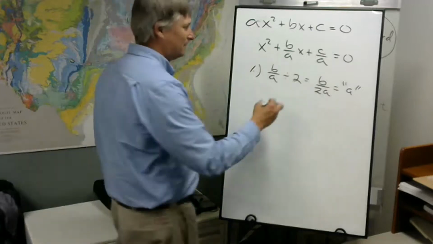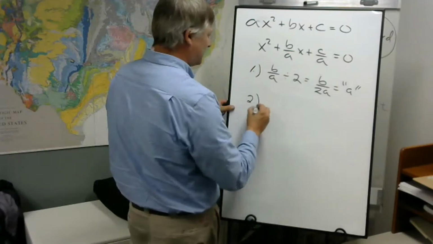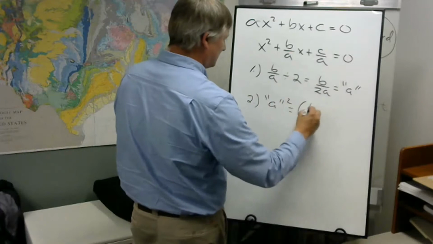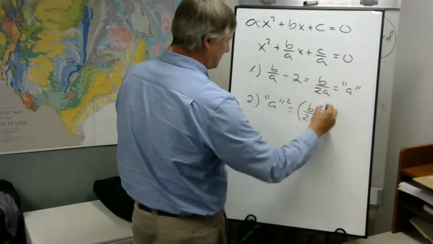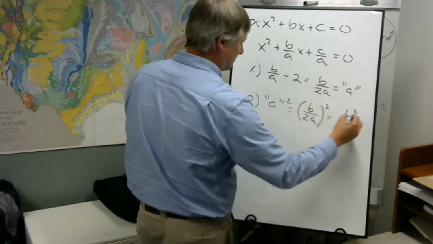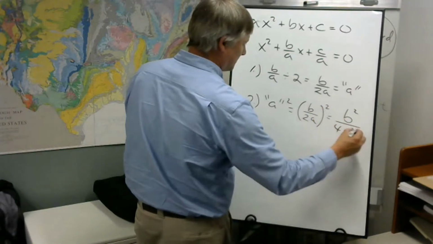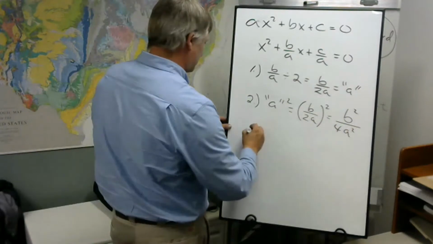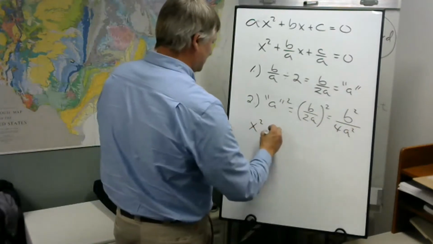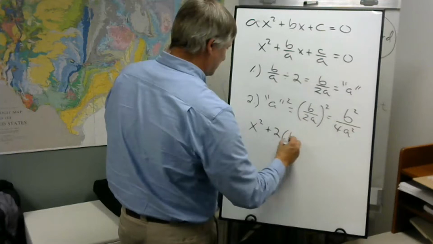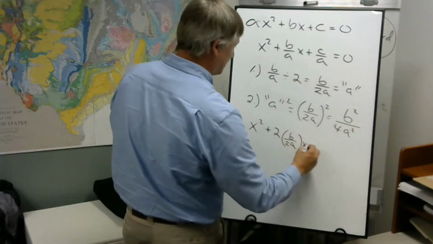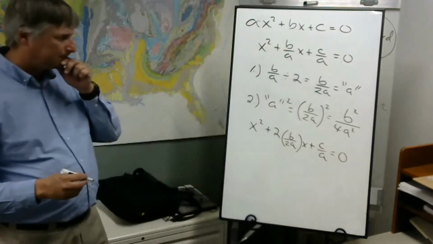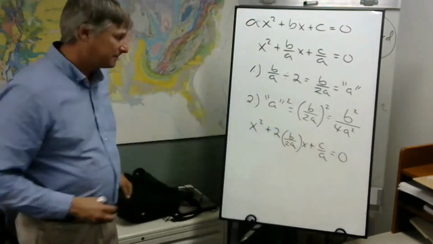So we need to square this. So let's take a look at it. Step one, we'll rewrite this as x squared plus 2 times b over 2a x plus c over a is equal to 0. And then we add this to both sides.